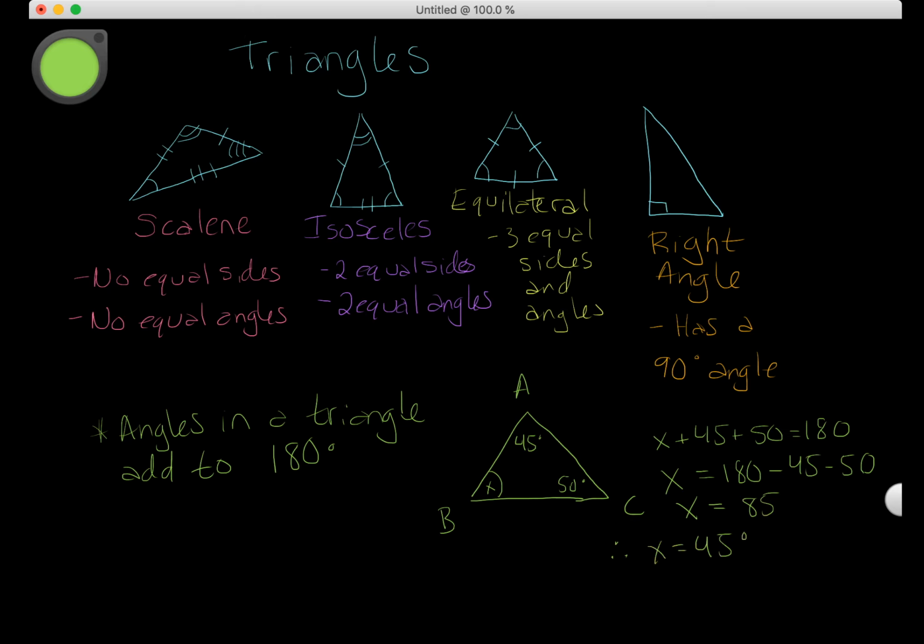Now I want to look at the angle theories. So let's clear this. We already know that the sum of the interior angles is 180 degrees.